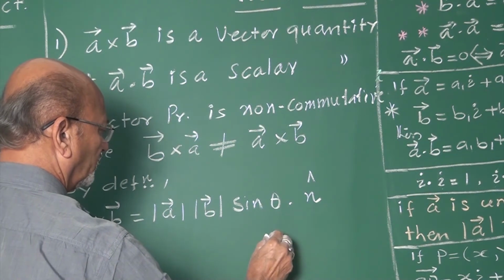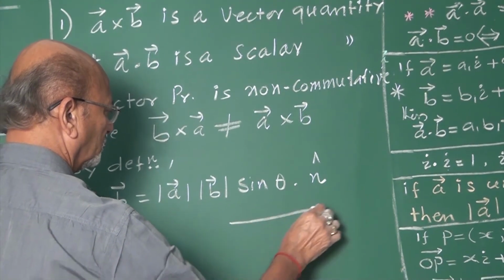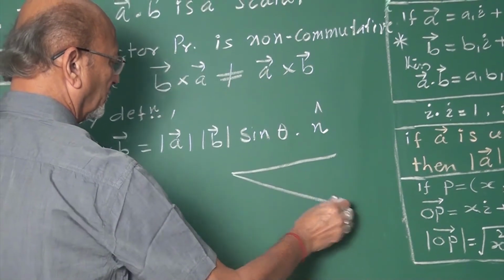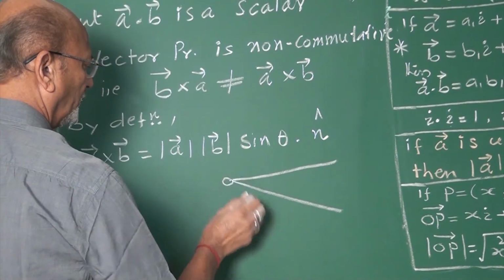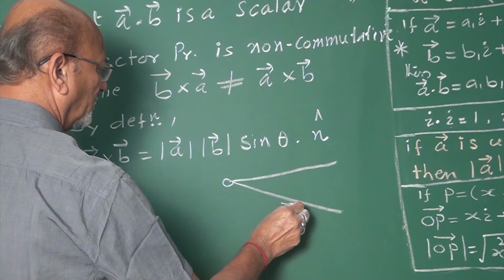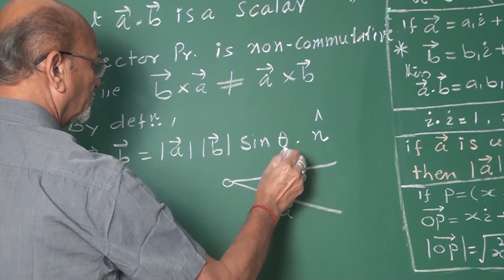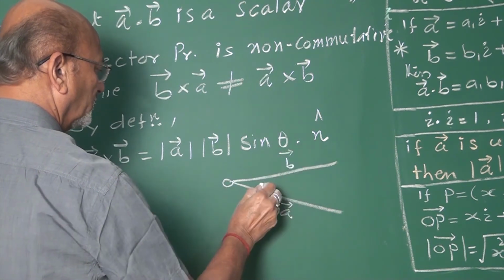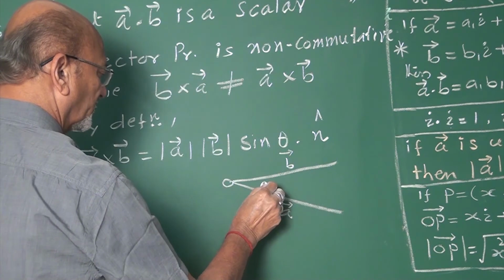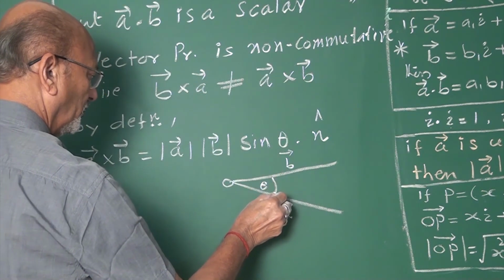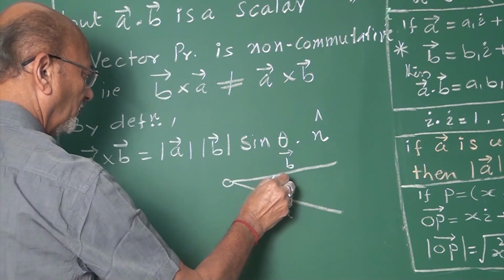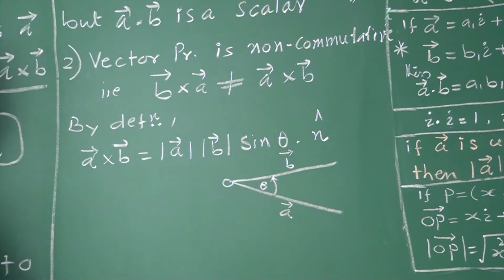I will show it by a figure itself. This is vector A. This is vector B. This is theta here, from A to B. Then write B cross A.